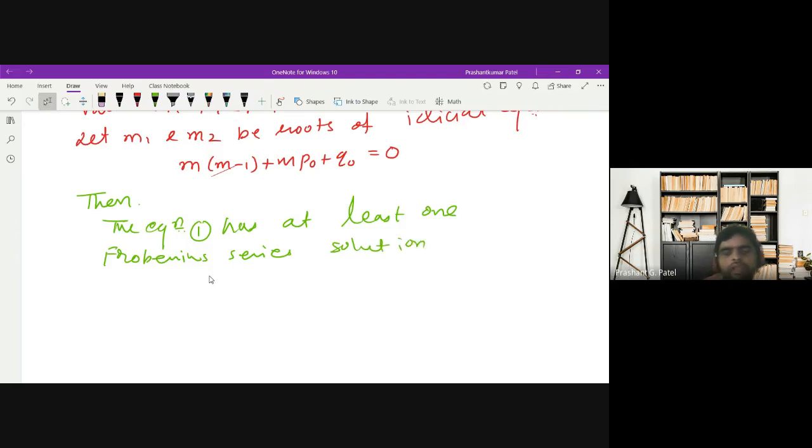Here I am assuming that m1 and m2 are the roots, and m1 is bigger than m2. That is also an assumption.